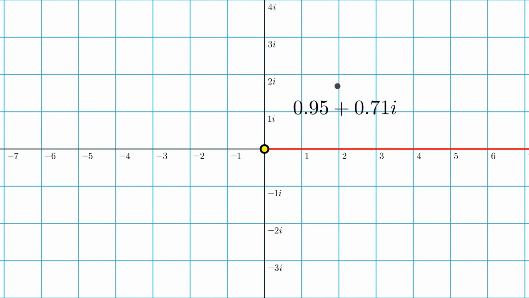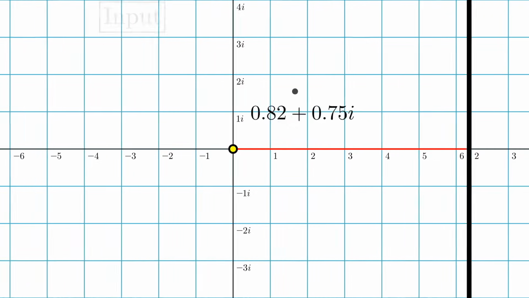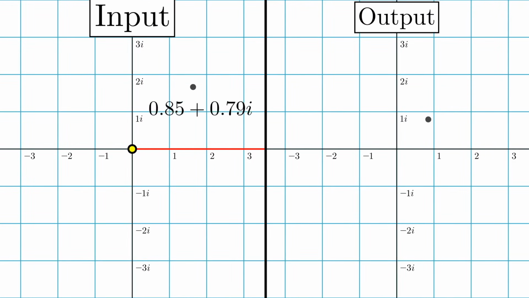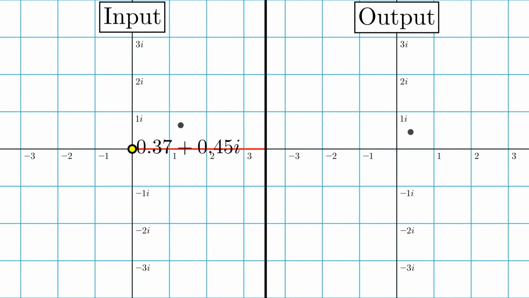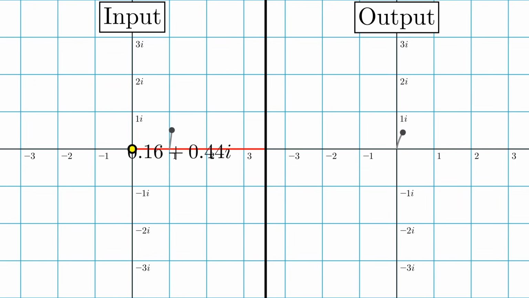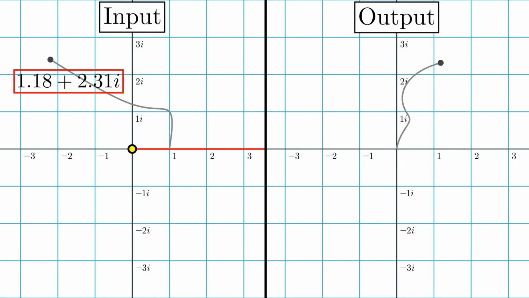Another way is to show a second complex plane for the output, so that as I wiggle the input over here, you can see the matching output wiggling over here. Note here I'm showing you the same thing in 2 different ways. This is just a numerical representation of this point over here. So these are 2 different ways of showing you the same information.